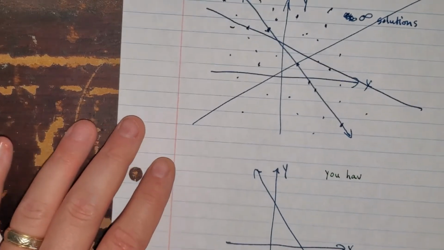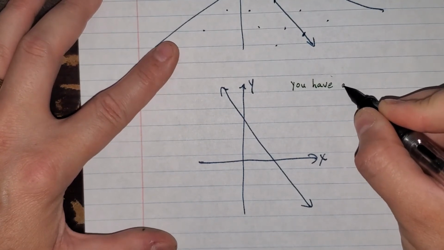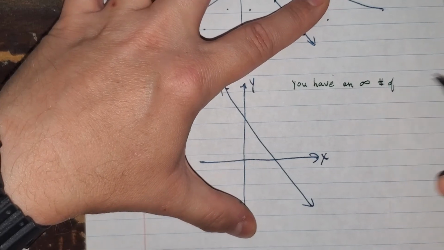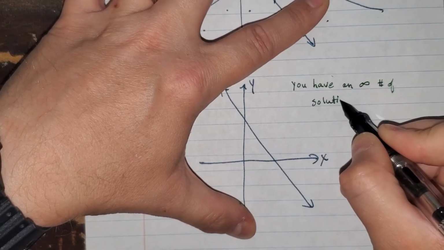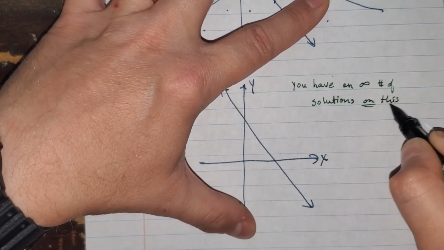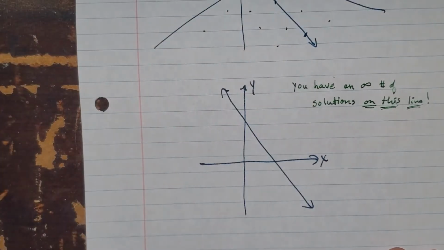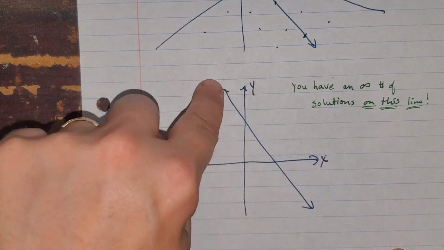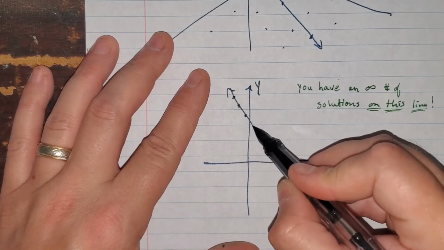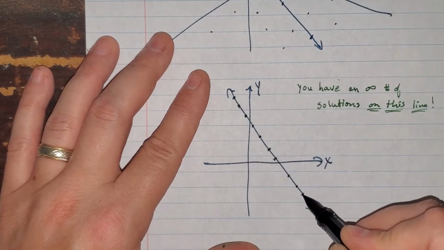You have an infinite number of solutions, and this is the important part, on this line. You have an infinite number of solutions, but they're only on this line. So you have a solution here, and here, and here, and here, and here.